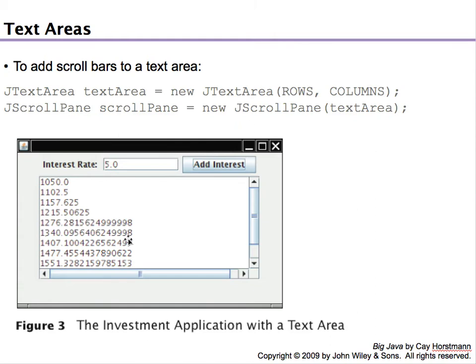The scroll pane is a pane that allows you to scroll vertically and horizontally. So after you create your text area, you can create a scroll pane and pass the text area as a parameter to the constructor of the scroll pane, and that's what you will get.